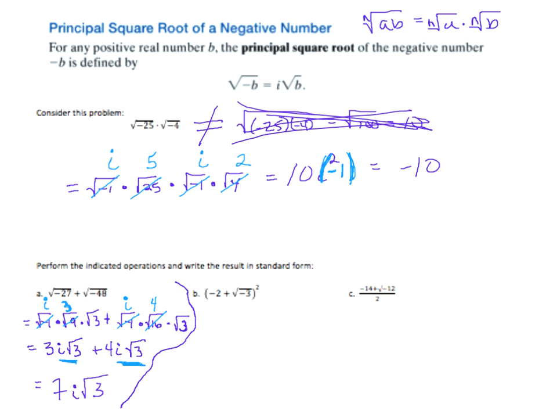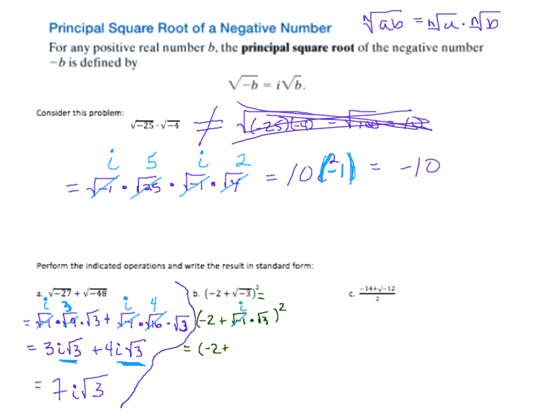So this is the same thing as -2 plus the square root of -1 times the square root of 3 squared. The square root of -1 is i. So here is where I am so far.